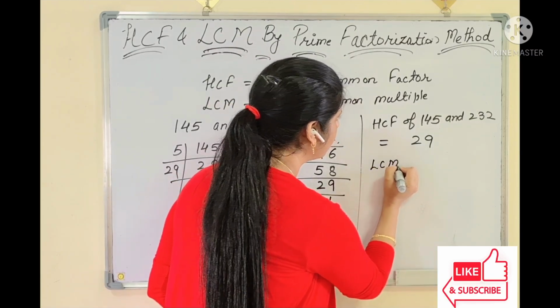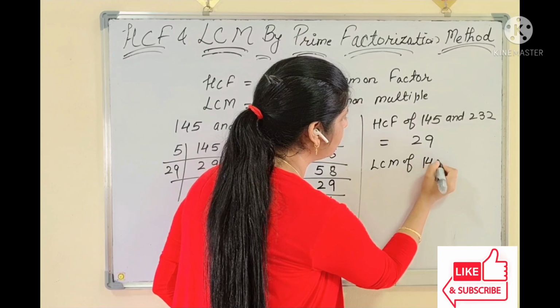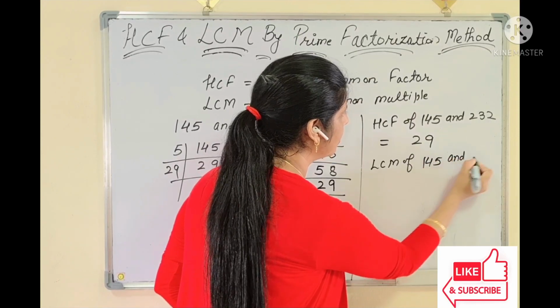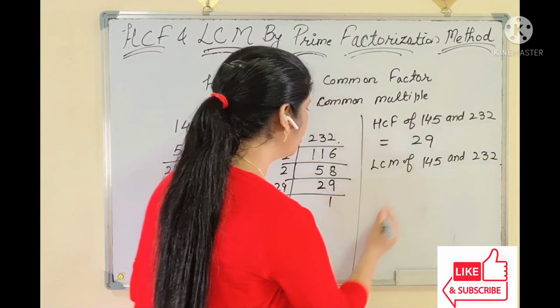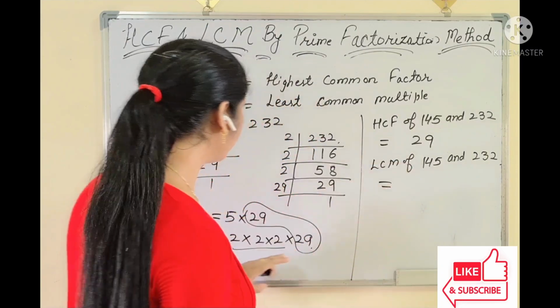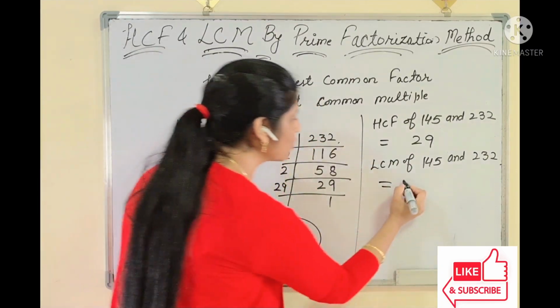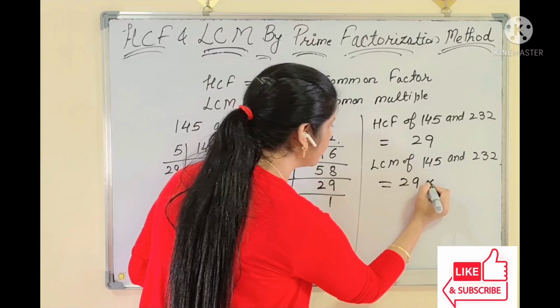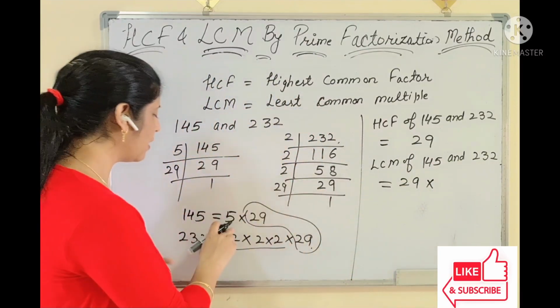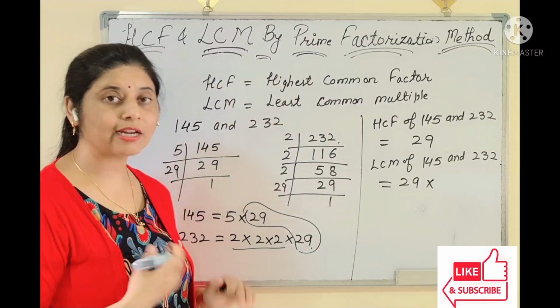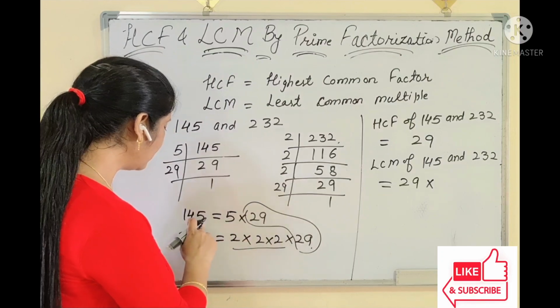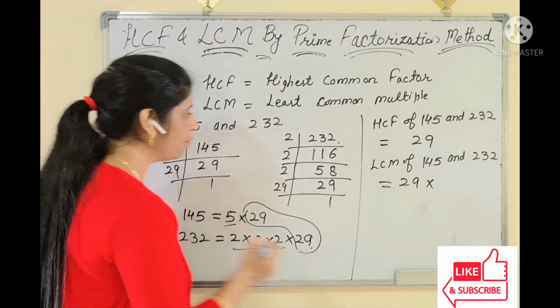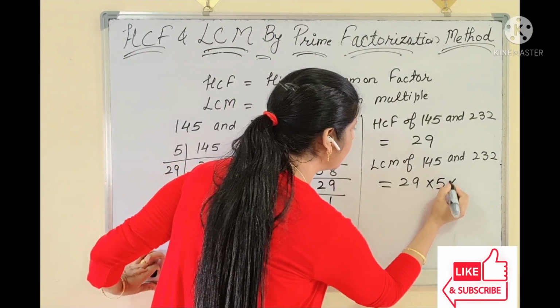Now we will find out the LCM of 145 and 232. First we will write down the common factor. Here 29 is common, so we write 29. After this we have to write down the factors that are not common. In case of 145 we have only 5, so write 5 here.